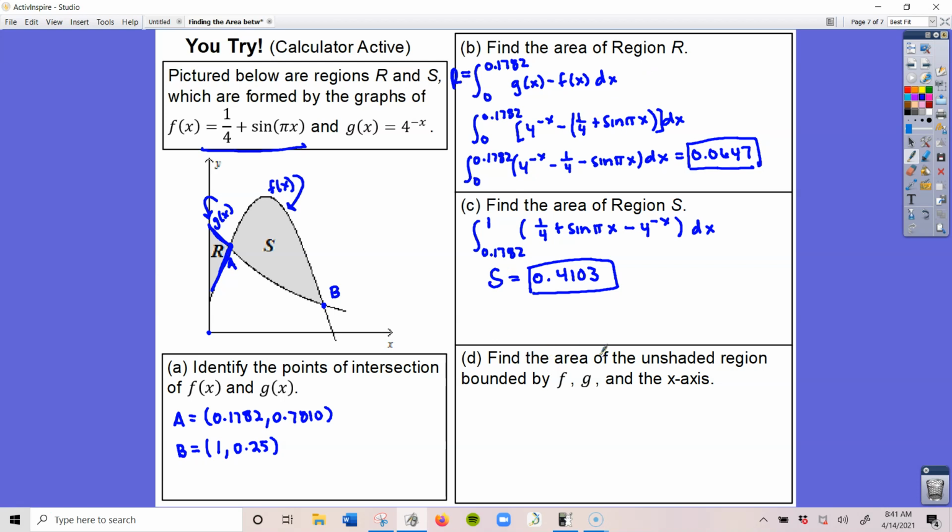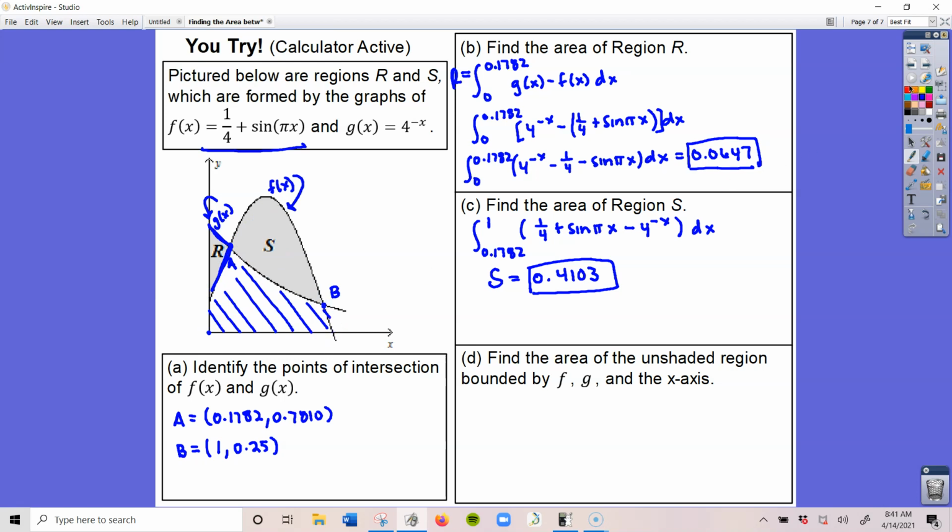Now it says to find the area of the unshaded region bounded by F, G, and the x-axis. So what they're referring to is this section here. Because this is F, this is F, this is G, and then this is the x-axis.